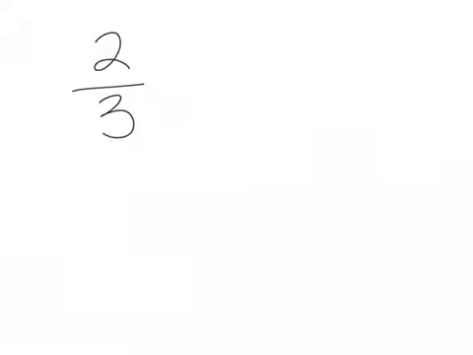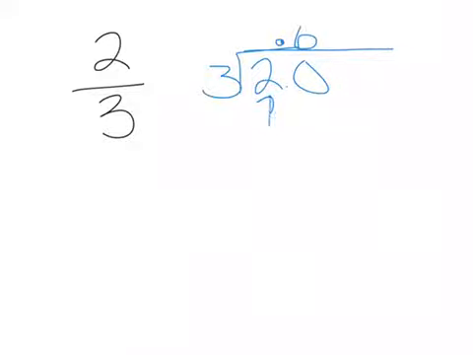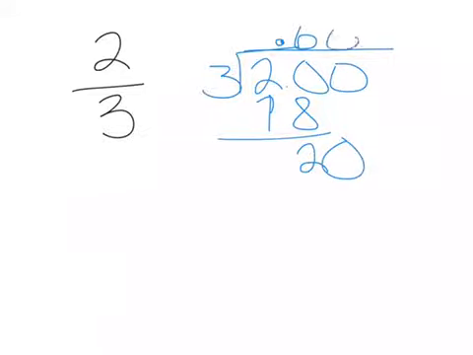Okay, so let's go ahead and check this one. We're gonna top dog it in the house, 2 and 3. The 2 goes in the house. Bring our decimal up. It goes into it 6 times, and that's gonna be 18. We got 2 left over. Interesting. We're gonna bring it down again. 20 again, 6 again, 18, 2 again. So that means this is gonna be a repeating decimal.